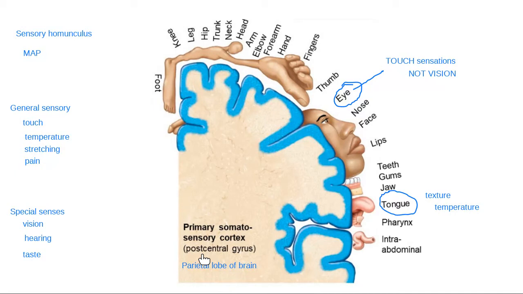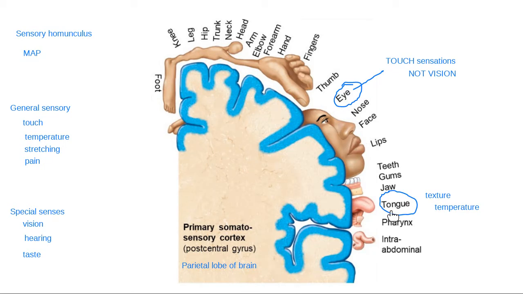One of the things that your guided lesson pointed out to you, and I want to see if we remember here: in this particular picture, I am looking at the right hemisphere of the brain. Which side of the body is this sensory information coming from?